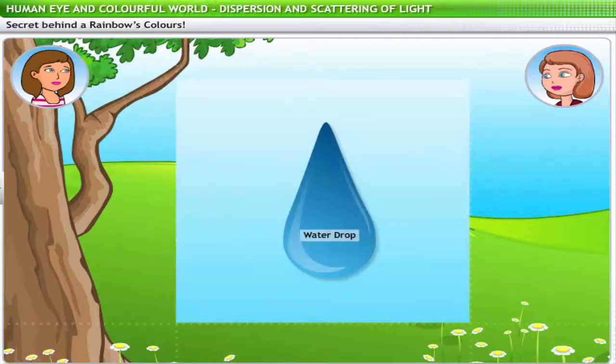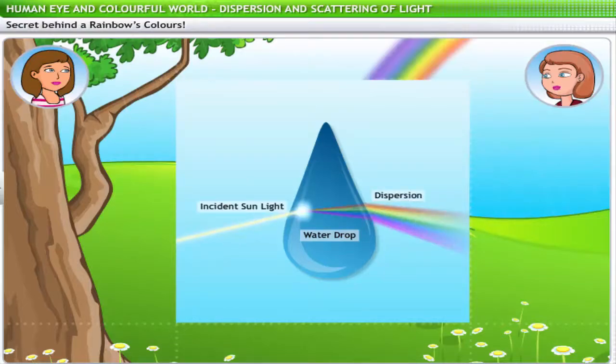These drops act like refracting media, like prisms, for the sunlight. When sunlight incidents on these raindrops, it gets refracted and disperses to reveal its constituent colors. Thus, you can explain the formation of a rainbow through the concept of the dispersion of light.